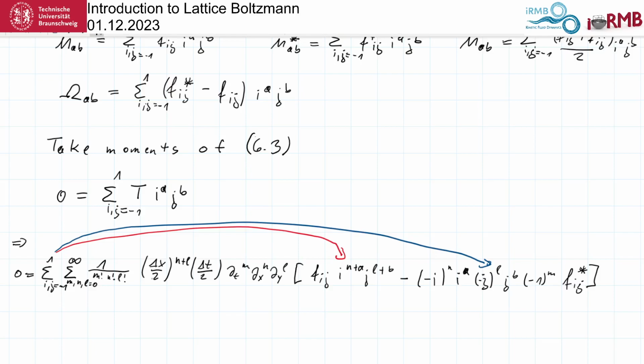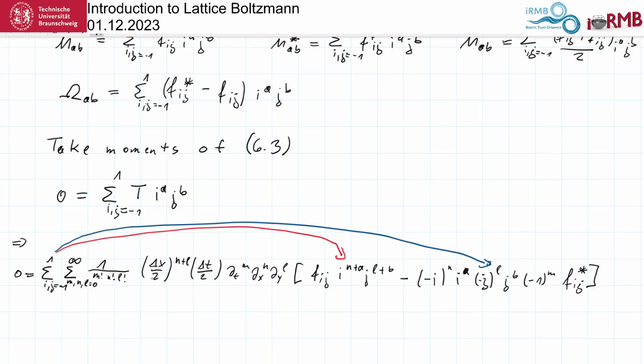And now there's an interesting thing which I do a little bit quicker now. I don't want to write everything in very detail. The thing that you notice is that we have alternating positive or negative signs. So depending on what n and l are, we will either have the sum of the two or the difference of the two, alternatingly.